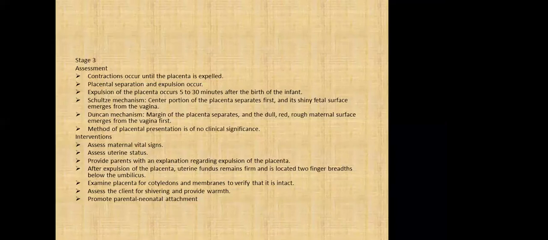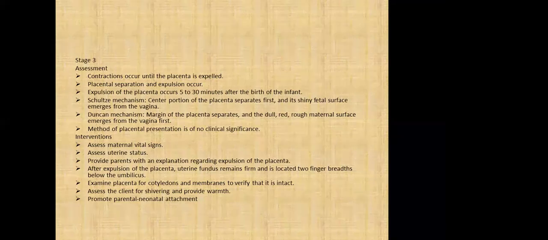Remember that the purpose of contraction in stage 1 is to ensure that the cervix is dilating. The purpose of contraction in stage 2 is to deliver the baby. The purpose of contractions in stage 3 is to deliver the placenta.